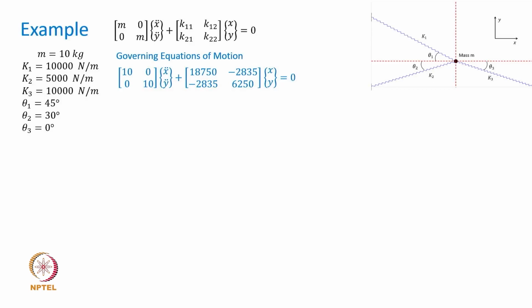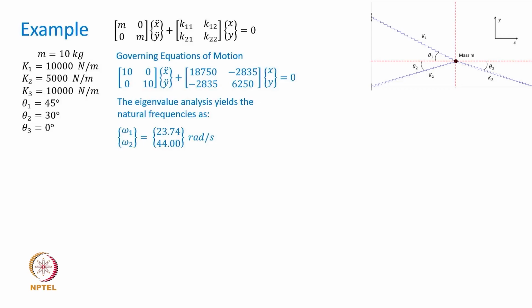And once you do that, you can solve it using whatever method you feel convenient. You can also solve this by using a determinant, assuming some assumed solution here, but basically the eigenvalues can be easily obtained since this is just a 2 degree of freedom system.